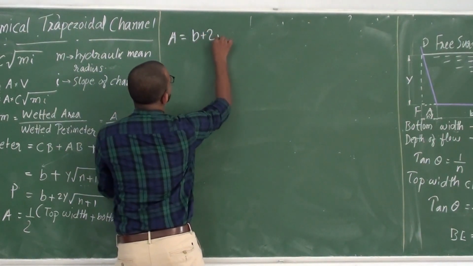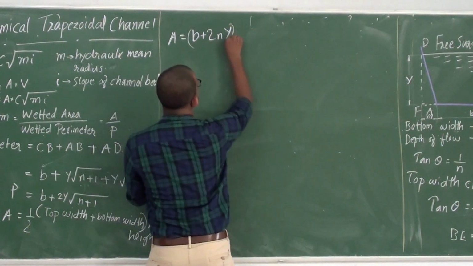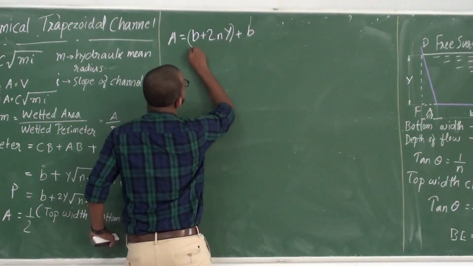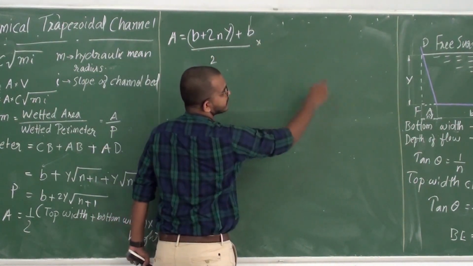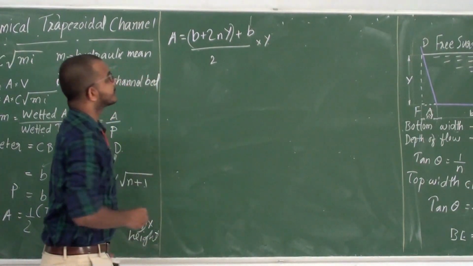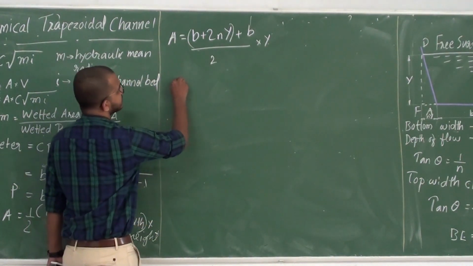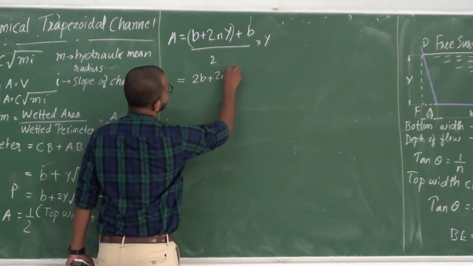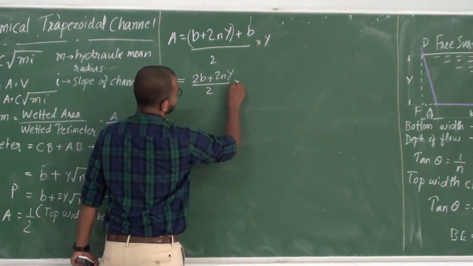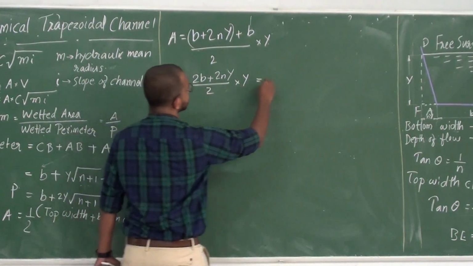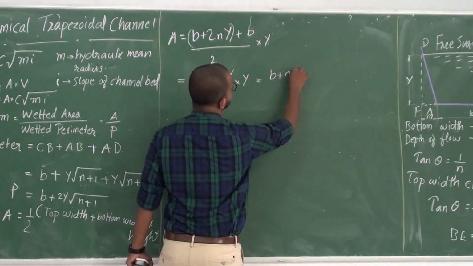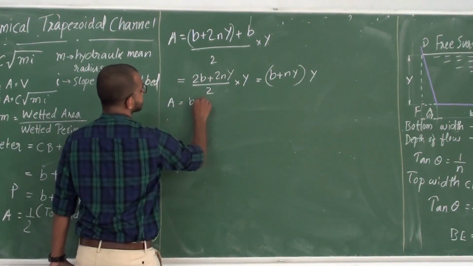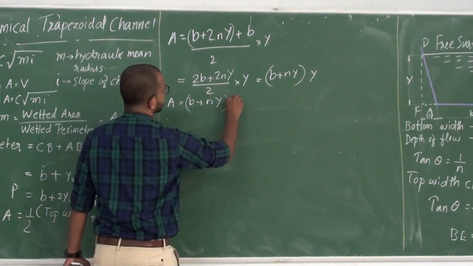B plus 2NY is the top width plus bottom width, bottom width is B, divided by 2 into the height Y. Height is Y. So the flow area or wetted area A is equal to B plus B, that is 2B plus 2NY, by 2 into Y. So this is equal to B plus NY into Y. So wetted area A is equal to B plus NY into Y.